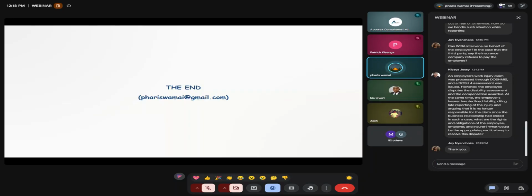Or secondly, as a witness in a case where the employer had a WIBA insurance cover, and there is a dispute between what was provided by the DOSH process and what the insurance provider is claiming. In this case, they will come up as a witness on behalf of the employee.